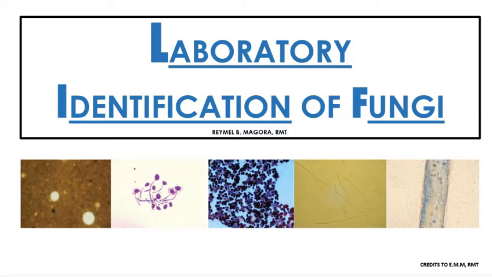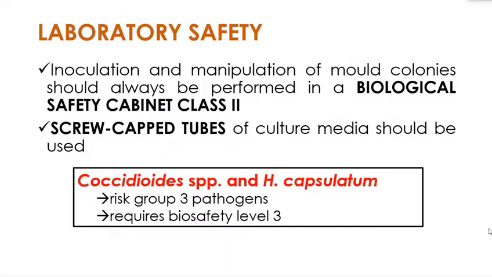So that, when doing the laboratory identification, if you went through your module already, we need a biological safety cabinet class 2 for the inoculation and manipulation to avoid getting contamination or to avoid laboratory-acquired infection, sabi natin earlier. Now, ano yung recommended?